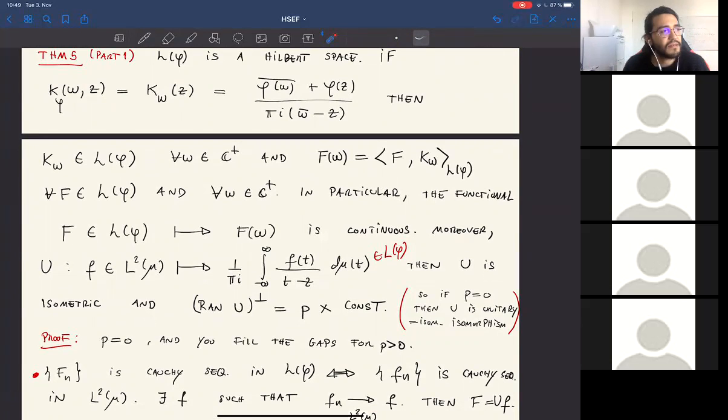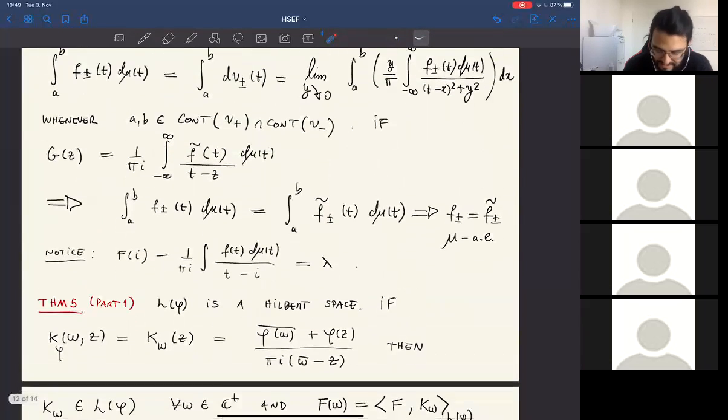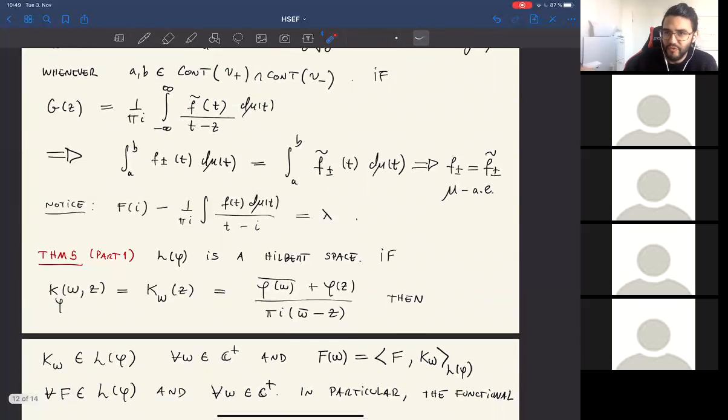It's like when you have a measure in a certain space, you pull back the measure from another space, push back the measure. It's the same idea. You're just moving the norm to the other space.